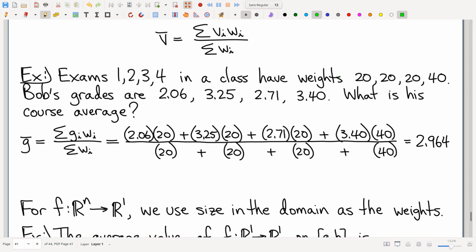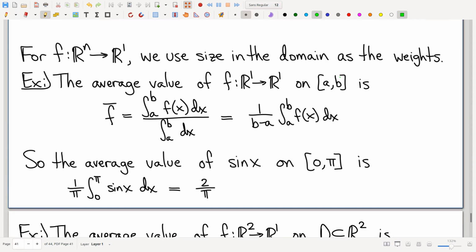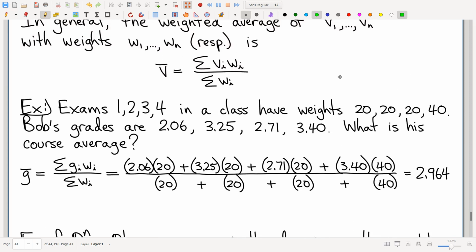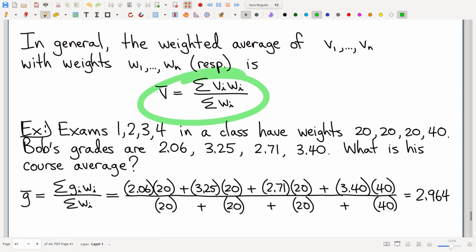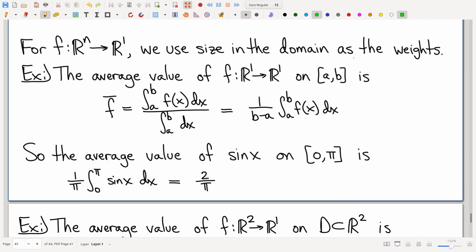Okay, weighted average. Now, we're going to step it up in another way. This formula over here only works if you have a finite number of numbers to be averaged. What if you have infinitely many numbers to average, such as, for example, looking at the average value of a function over a certain interval?